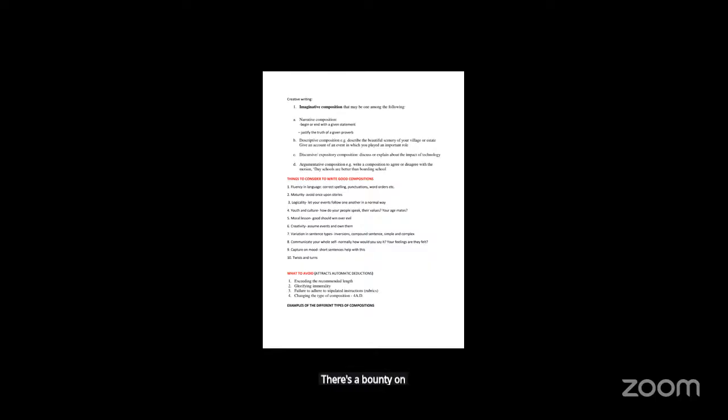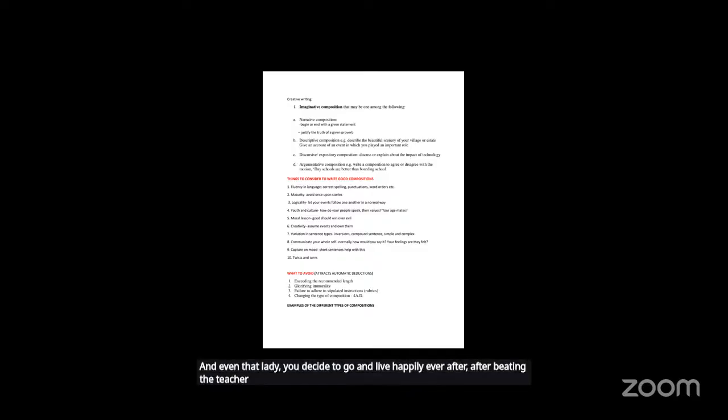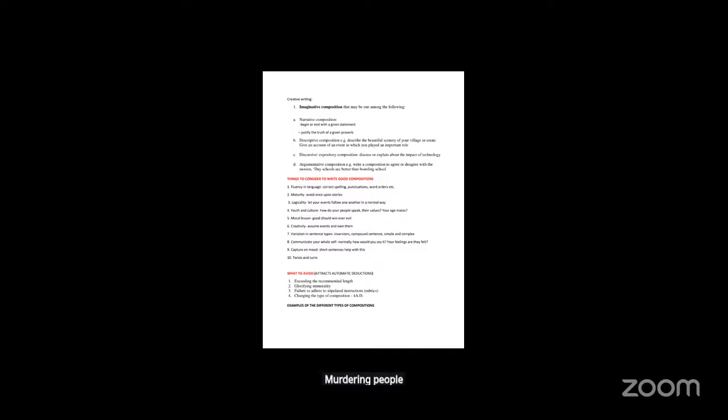If you bring this person, he shall give you 100K. You decide to take the first train to Mombasa. When you alight at Mombasa, a lady who is very beautiful welcomes you with a smile. And you and that lady, you decide to go and live happily ever after, beating the teacher, murdering people, joining outlawed gangs. What are you telling us?